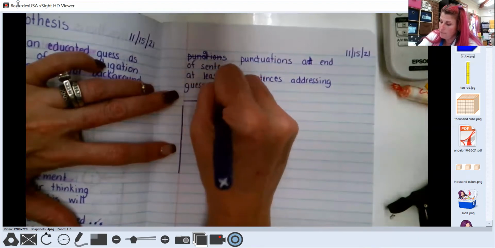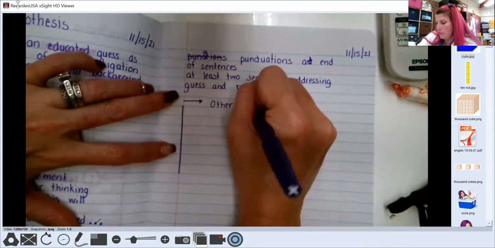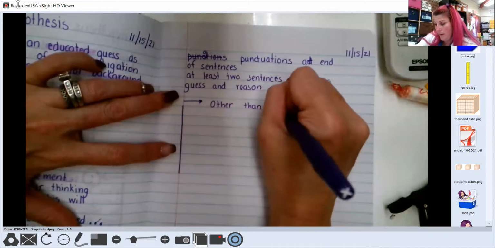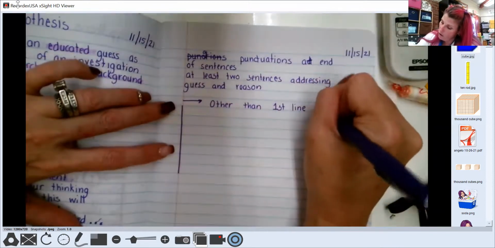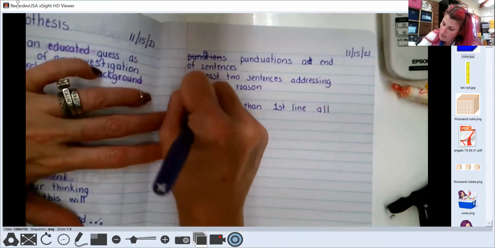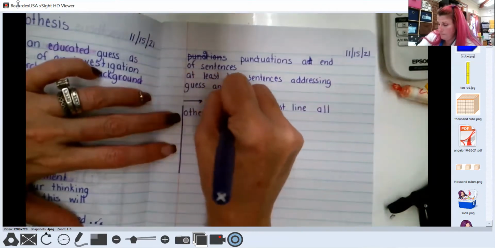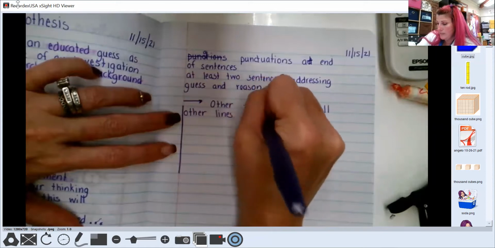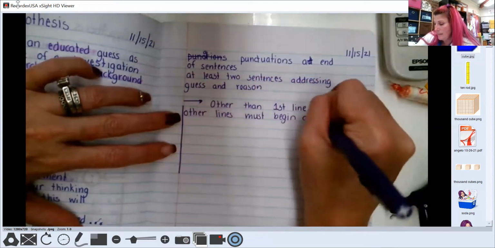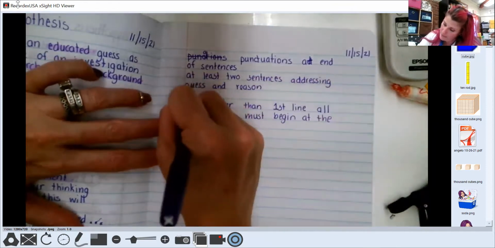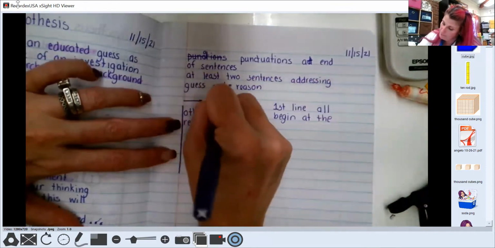So other than first line in a paragraph, all other lines must begin at the red left line.